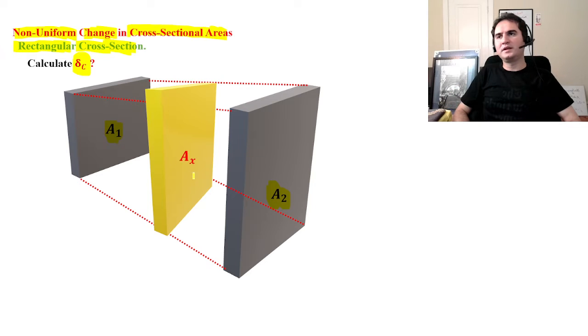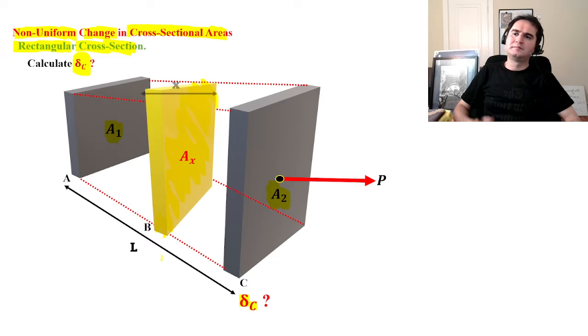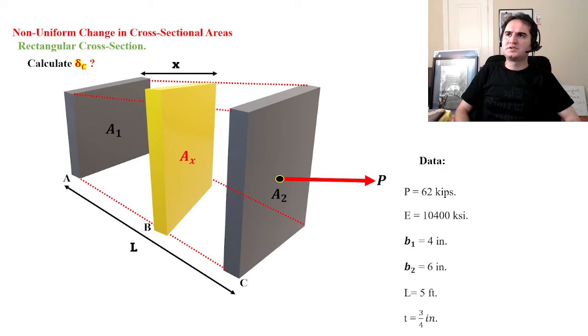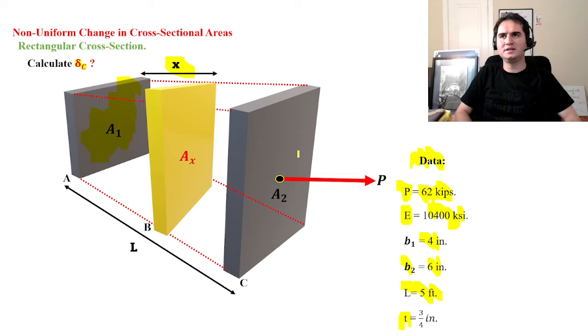If we just consider a sample cross section for our integration and call that Ax, with the length of x at the beginning, the information for the problem is just a P of 62 kilopounds, modulus of elasticity 10,400 ksi, b1 4, b2 6 inches, length 5 feet, and the thickness of the plate is 3/4 of an inch.